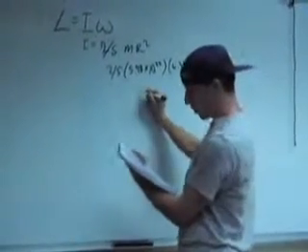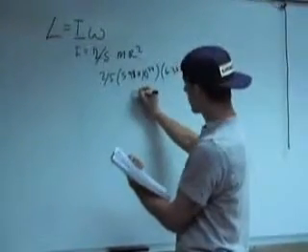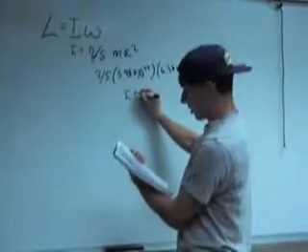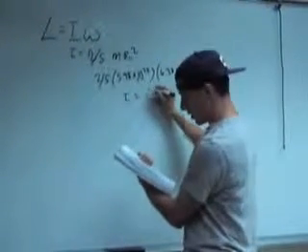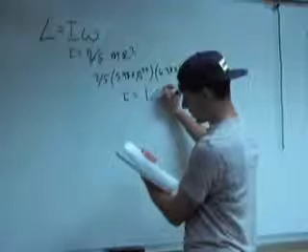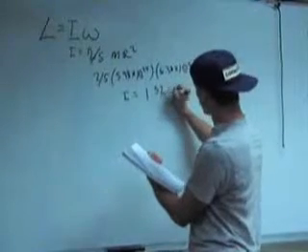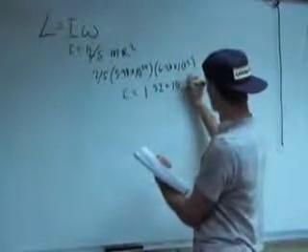This gives you a total moment of inertia of I equals 1.52 times 10 to the 30th.